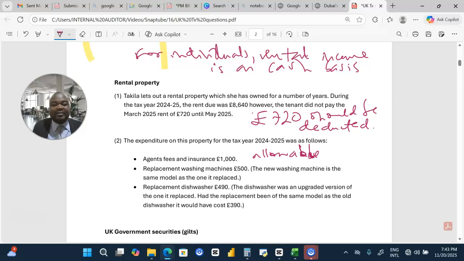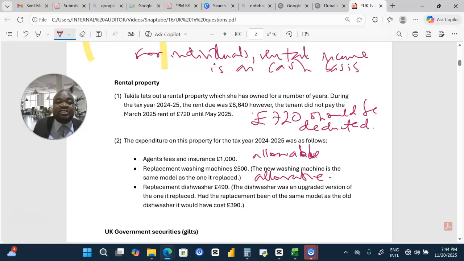Was it an expense for improvement or an expense of a capital nature? In that case, the expense would be allowable. So in this case, the new washing machine is the same model as the one it replaced, which means this one again is allowable. Are we together, ladies and gentlemen?